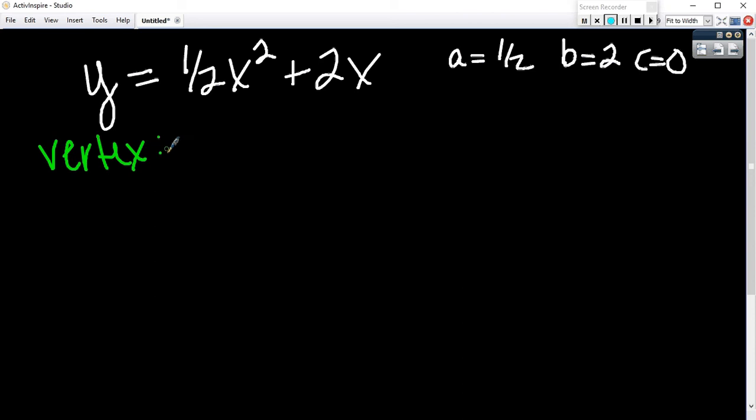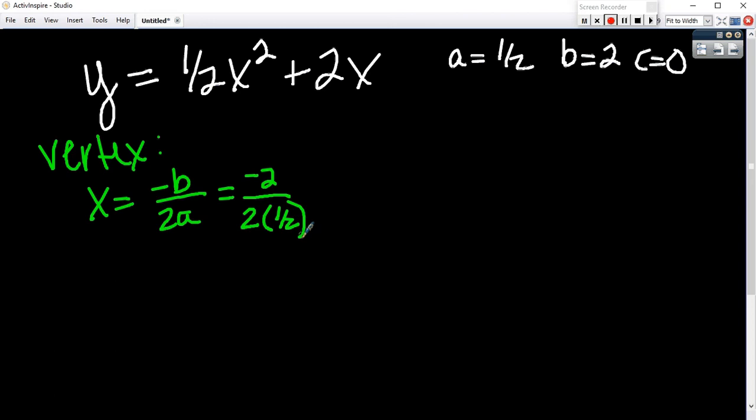First is the axis of symmetry. Opposite b over 2a. So if you wrote a, b, and c out, just plug in. What's the opposite of b? -2 over 2 times 1/2. Well, that's -2 over 1, which is -2.